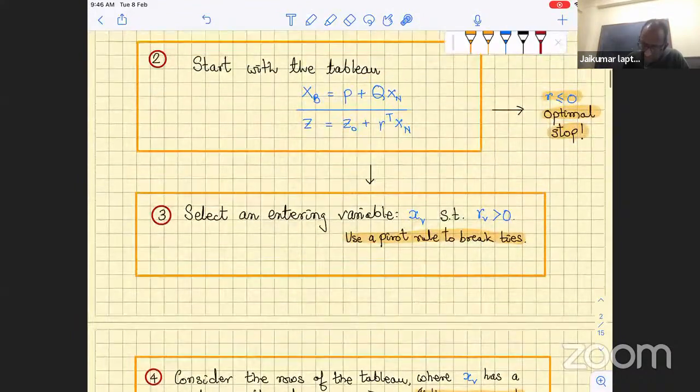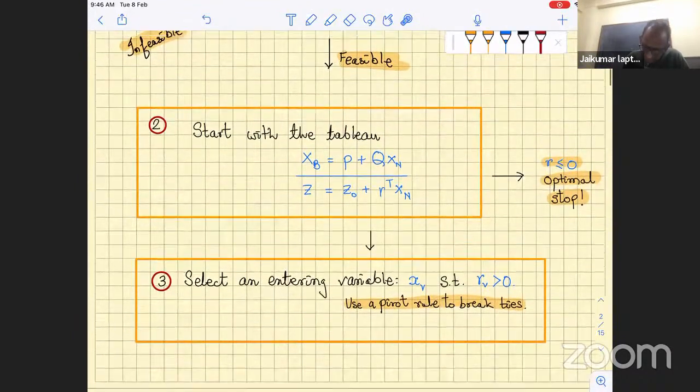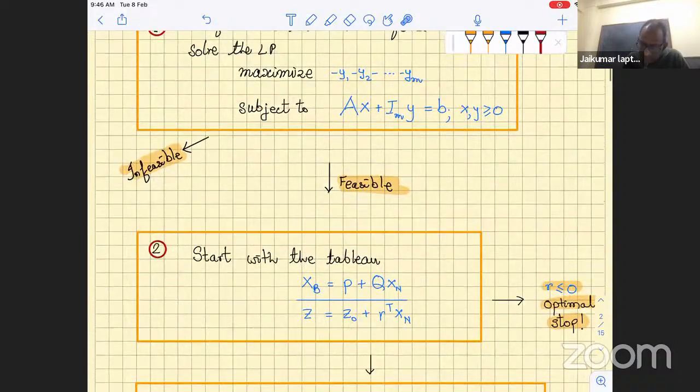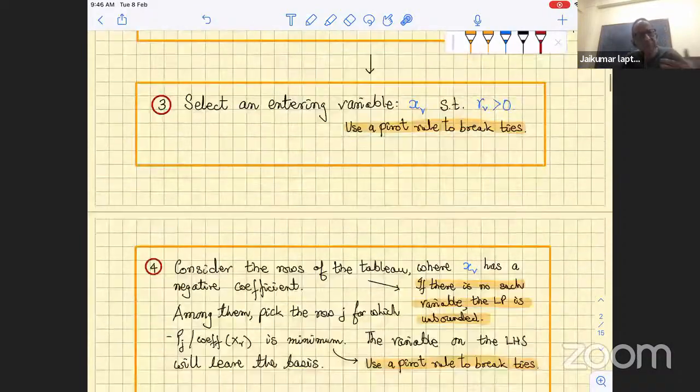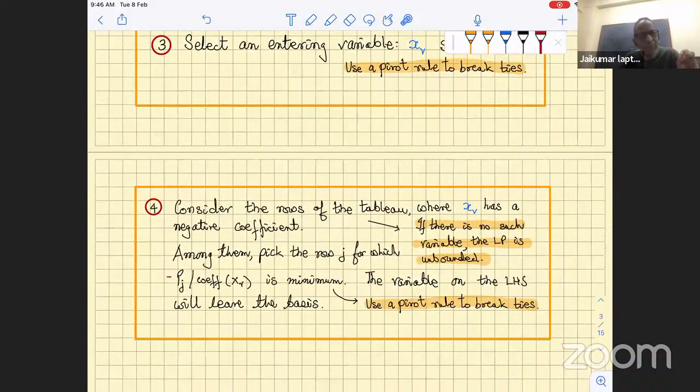This is a new thing that we might come to a stage where we found a variable which is very keen to enter the basis, but it can be increased arbitrarily without causing any difficulty to any of the equations. That is, no variable becomes negative. That is, its coefficient in all the rows is actually non-negative.